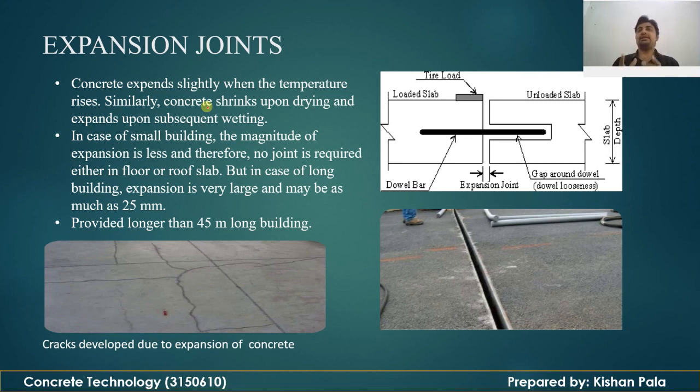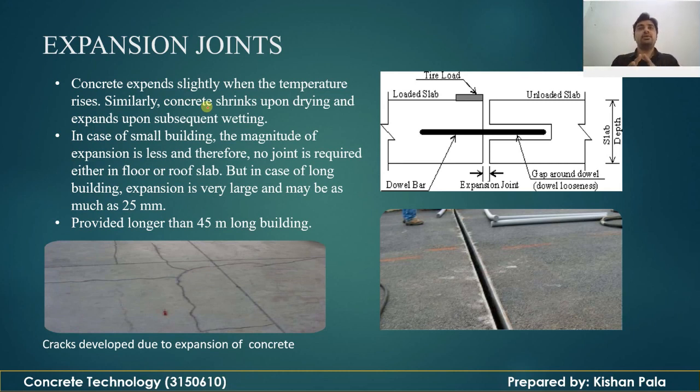But remember that in a small building there is no requirement of an expansion joint. If you have a large, longer building, these issues may happen in the future due to the temperature effect.